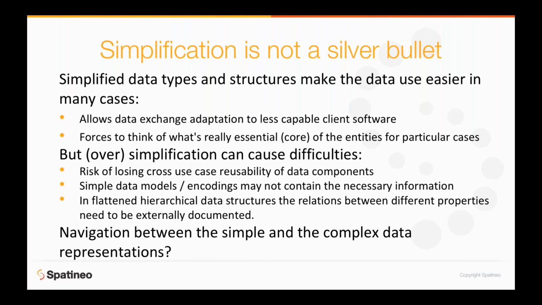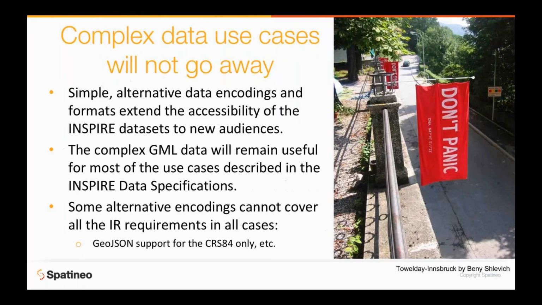So if you happen to have simple data and see that this is interesting for me, but doesn't really contain all the data that I would need, would there be some way to link that into a more comprehensive, complex representation of the same data, and how should that be encoded, and how should that be presented to the user? I think that is one of the questions that we need to think about in this expert group work.